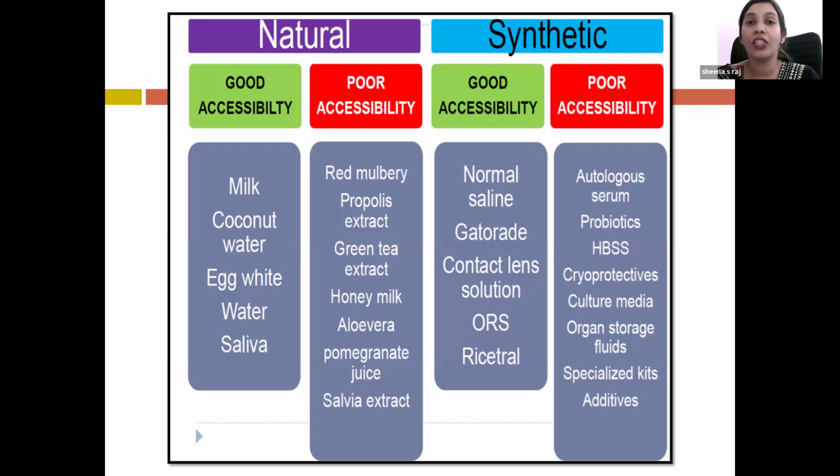Whenever such a question is asked, you have to write the use of a storage media, the classification of storage media, and give the advantage and disadvantage of each of these storage media. You have to write this when an essay is asked, and also when a short note is asked.